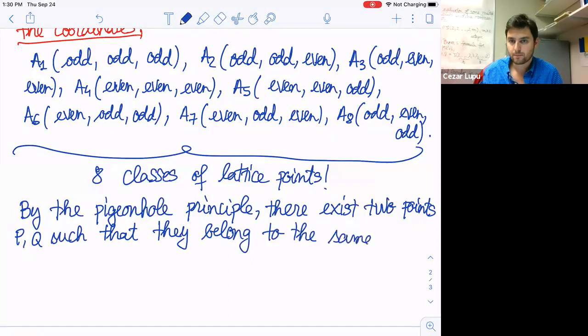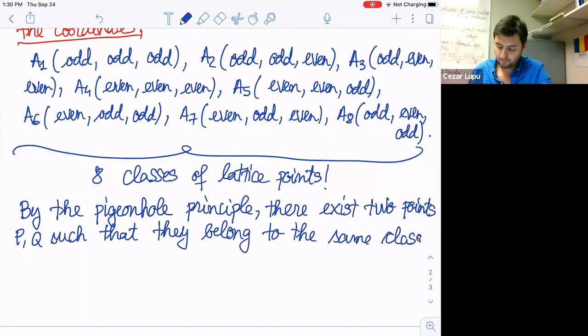Right? Agree with me? Okay. So they belong to one of these classes.